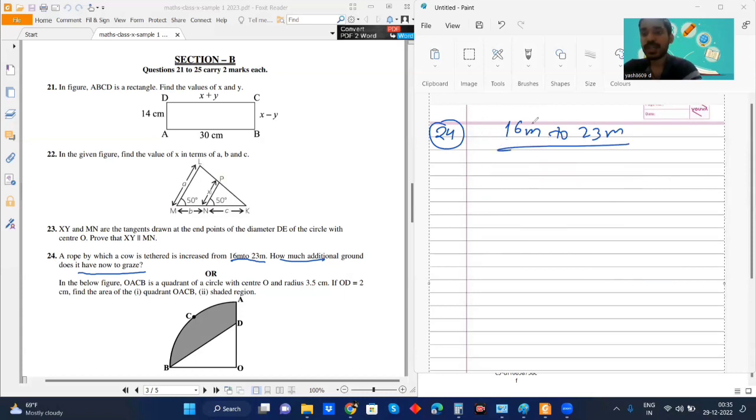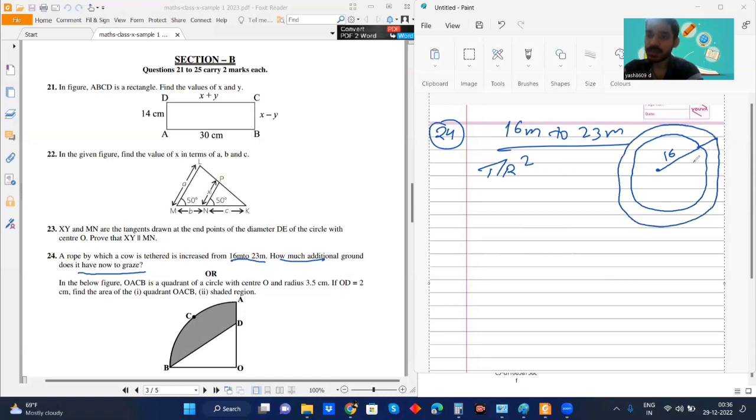So we have to basically find the difference between the areas. So area of a circle, because the rope is tied to the cow and the cow will move in a circular manner to graze, right? So this small r is 16 and now it is increased, so the capital R is 23 meters.